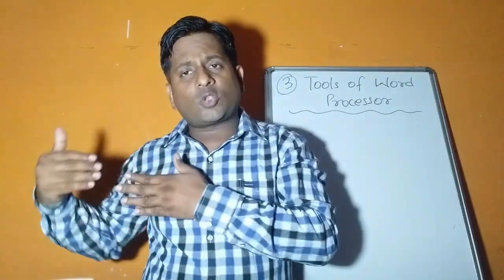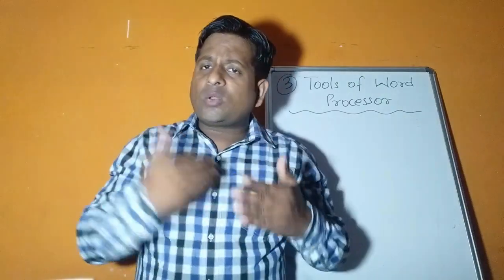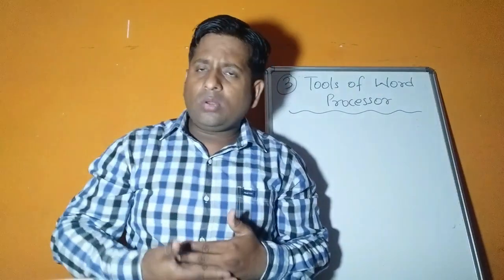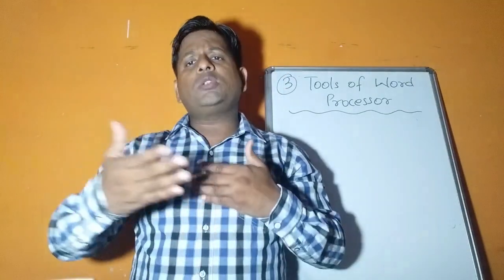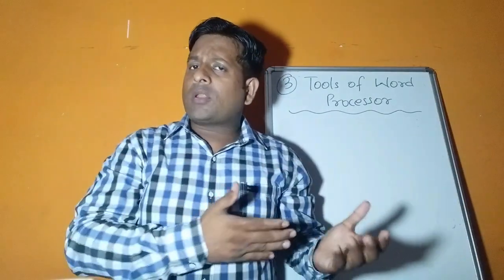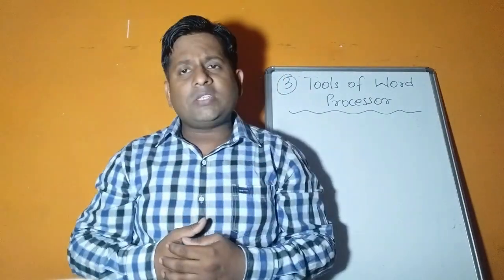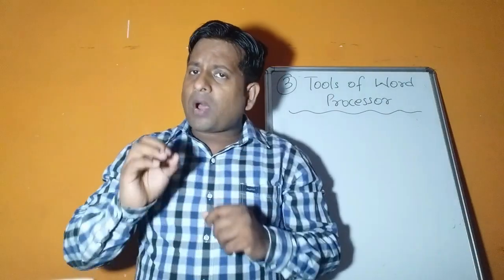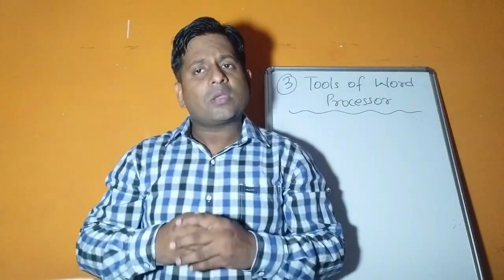And suppose undo brings back something which was already deleted, and you think there is no use of this, you can do redo. Repeat command is also available. So undo and redo are reciprocal to each other. Both are used for formatting as well as for editing. This part we have already discussed in our previous class.